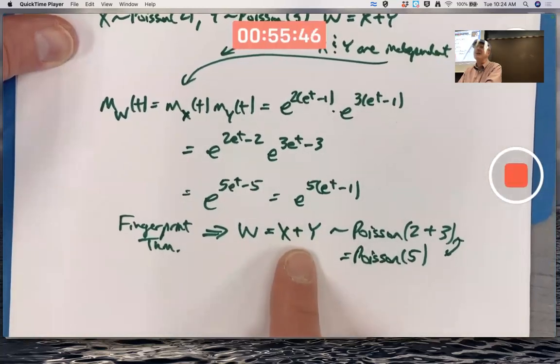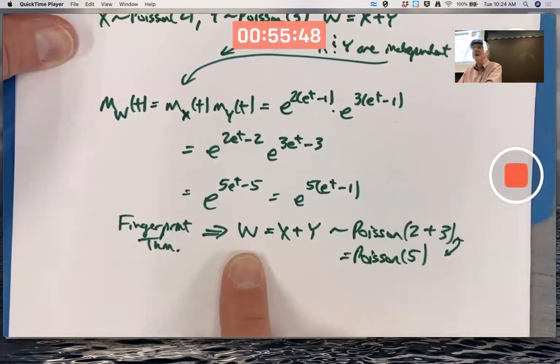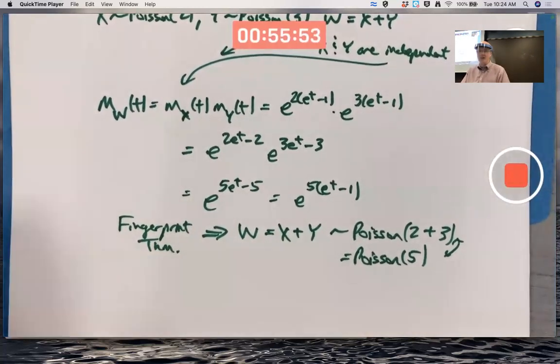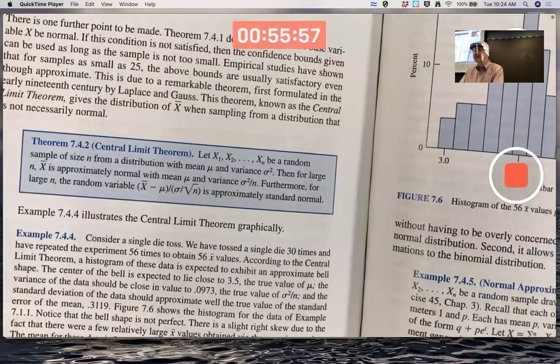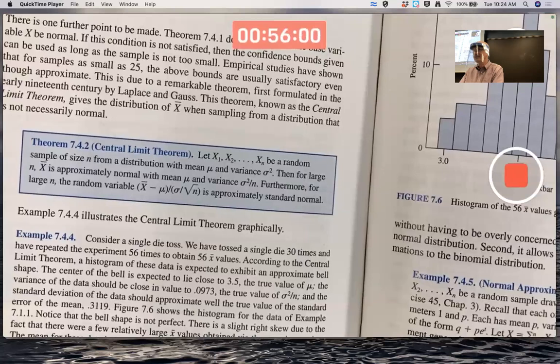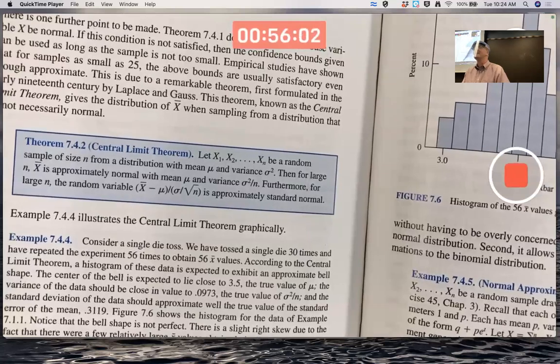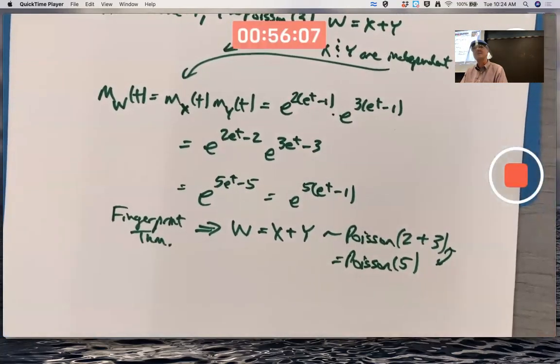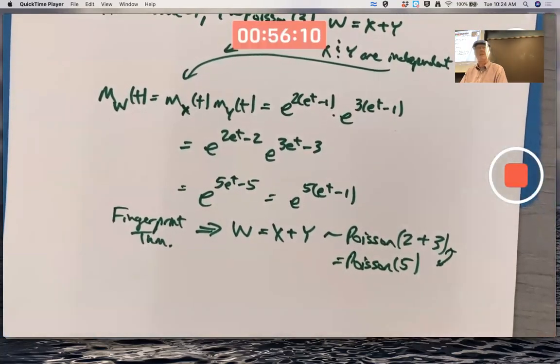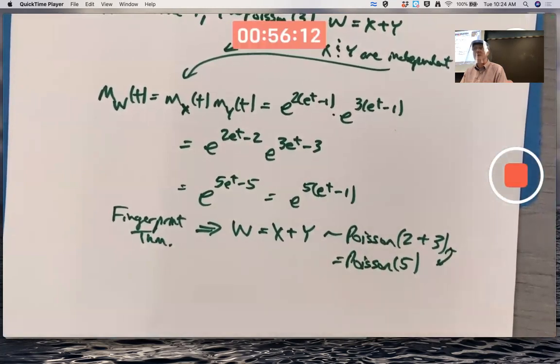If I do x plus y divided by 2, yes, W would be a mean of x and y, but n is not very large. So you might say the central limit theorem doesn't really apply because it's assuming n is large. But maybe if I was doing a bunch of Poissons added together and then divide by the number to get a mean when n is large, the central limit theorem should still apply.